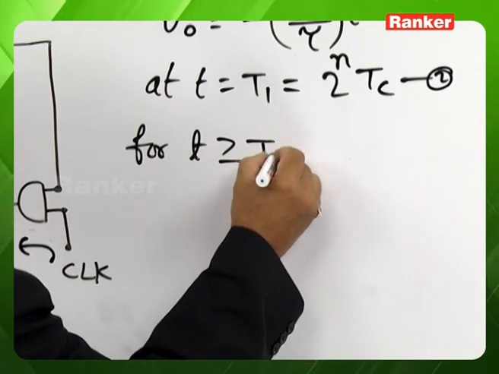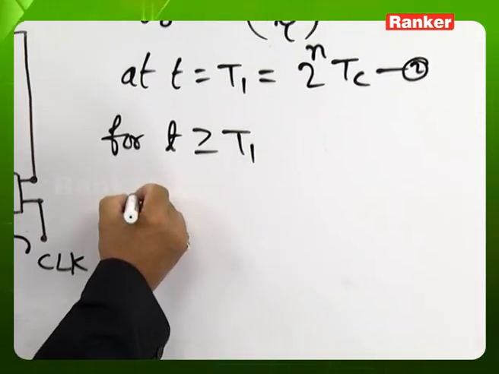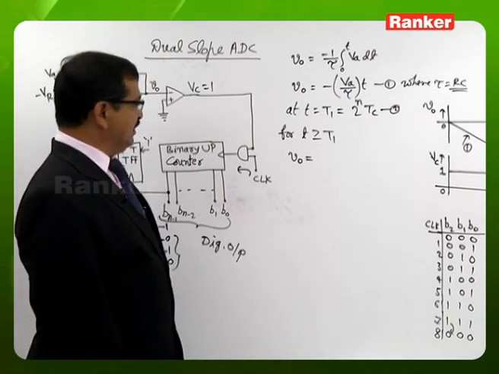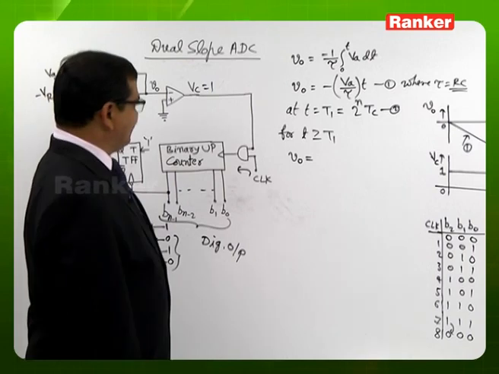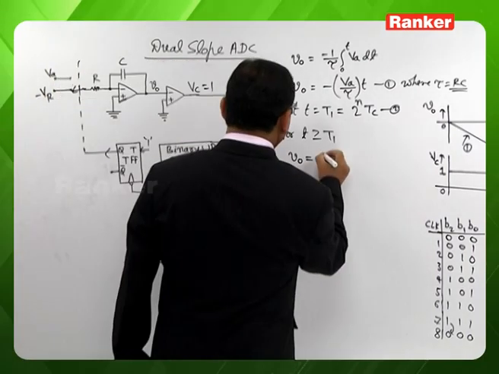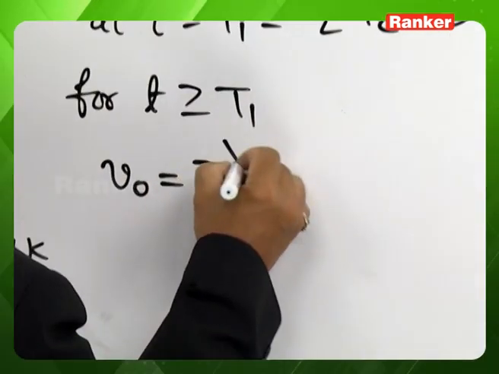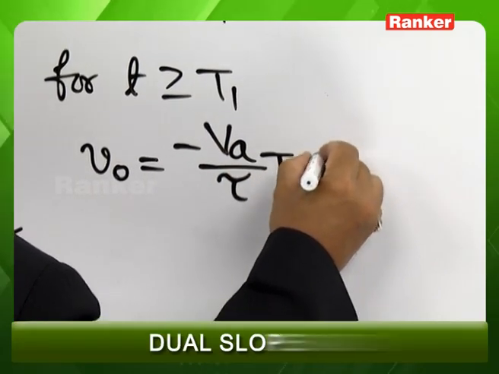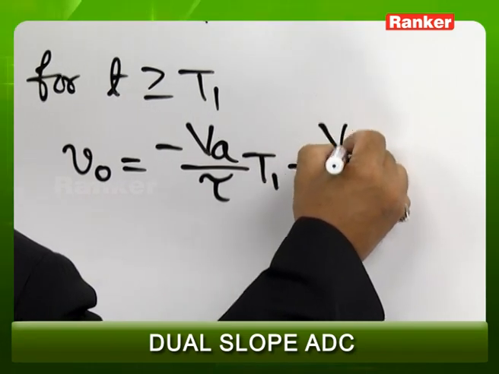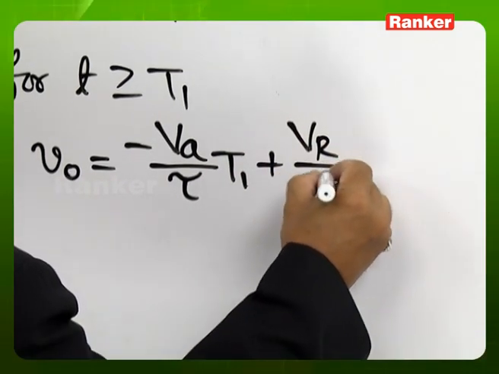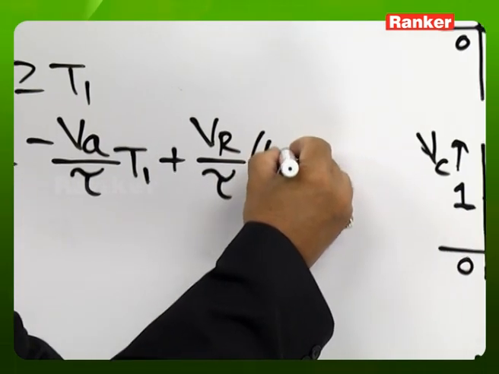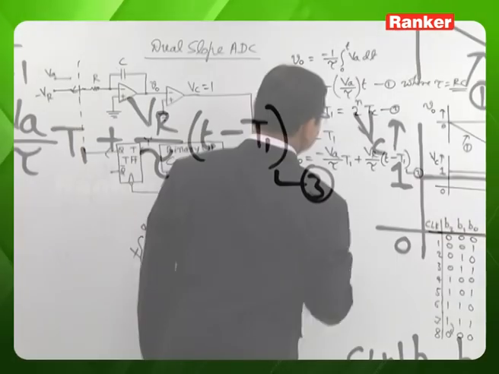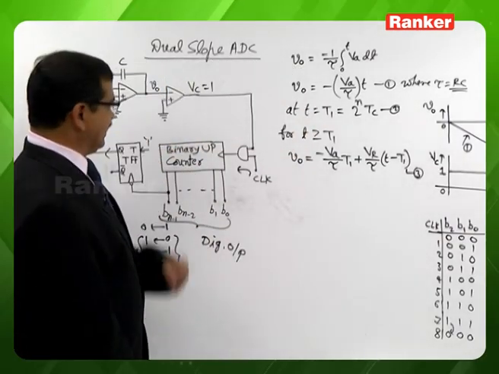Now for t greater than or equal to T1, if we want to look at the integrator output, it is minus VA by tau into T1 plus VR by tau into (t minus T1). This is the equation we can read from the integrator output.